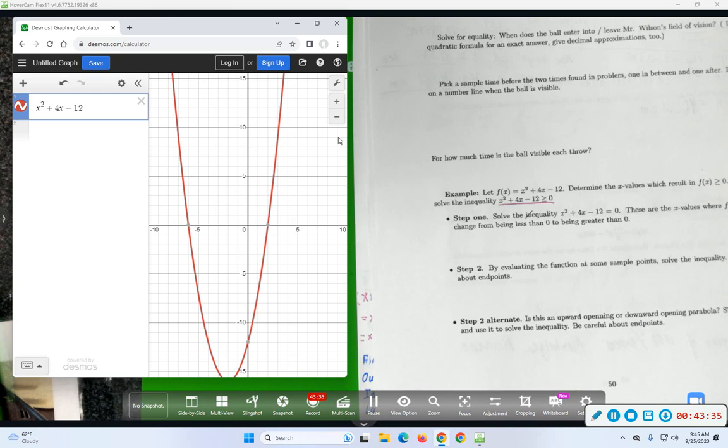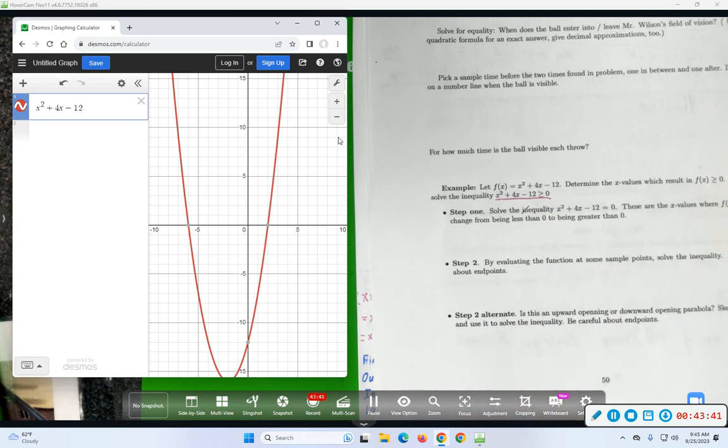And let's just look at this graph and try to eyeball what x values result in this function being bigger than or equal to 0. These x values, is the function bigger than or equal to 0 for these x values? The function's way up there. What about this x value? So it looks like there's a place where it changes.